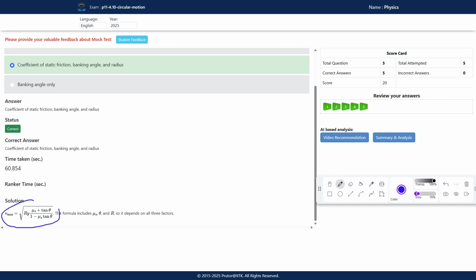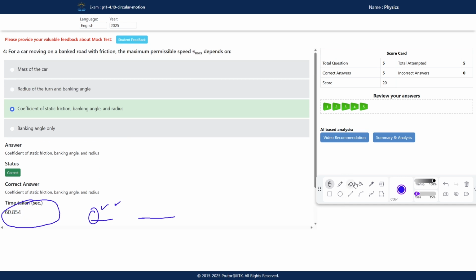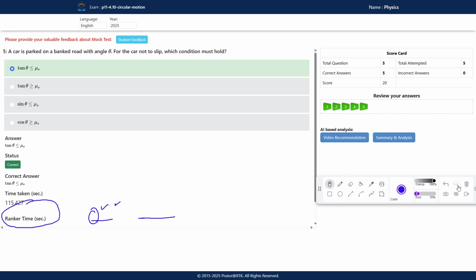From this formula, it is clear that mu s, theta, and r are the three terms. So it depends on all three factors. About the banked road we will learn in the next lecture, don't worry.